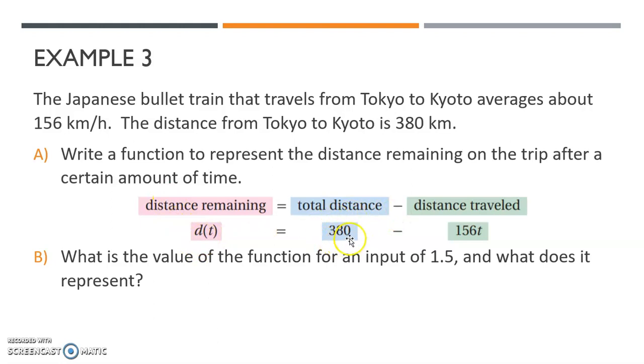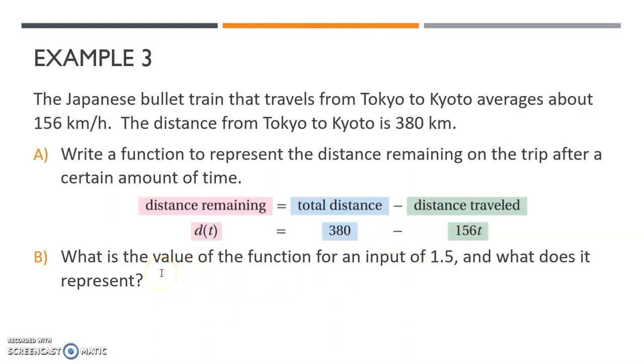I'm going to take the total distance, 380, and subtract out how far I've traveled. Now it says 156 kilometers per hour is my speed. And if I do speed times the amount of time I've been traveling that speed, it's going to get me the total distance I have traveled so far. So that's how I got this. d of t, the distance, equals the total distance minus how much I've traveled.